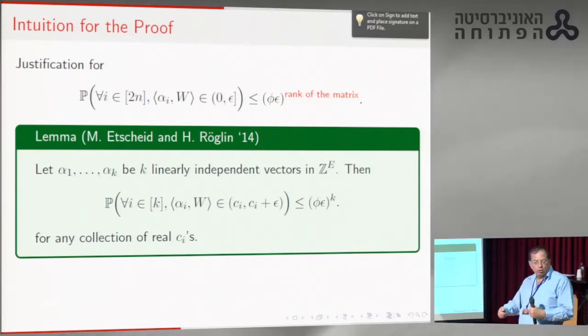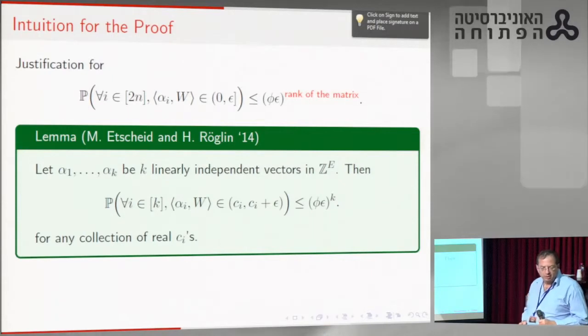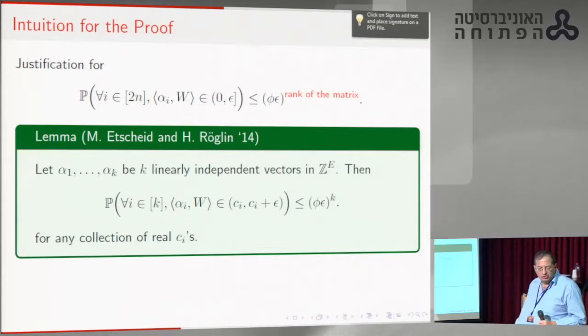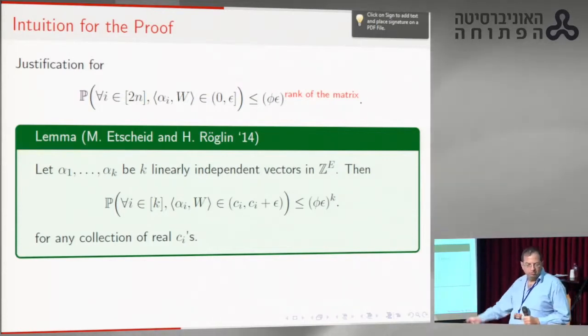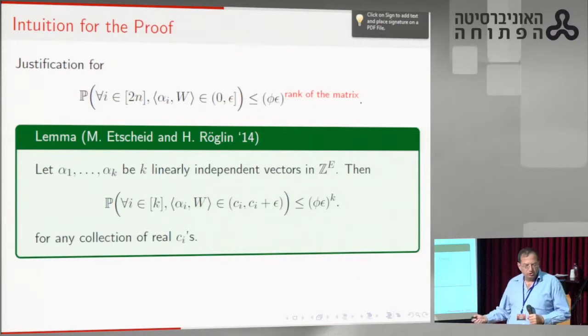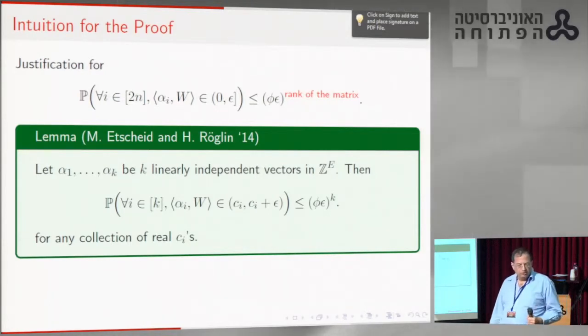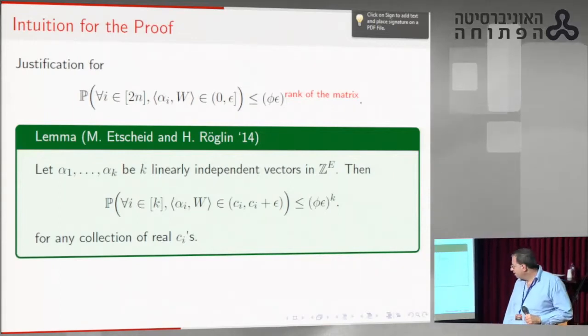It's basically just a Jacobian change of variables lemma, relying on the fact that all the alpha coefficients are integers, so the Jacobian matrix involves just integers. So you get that the probability that alpha i times w is in an interval of length epsilon for each i, it doesn't matter where this interval is, the probability that this happens for k steps is indeed bounded by phi epsilon to the k, provided these are linearly independent. So the game is to find linearly independent ones.